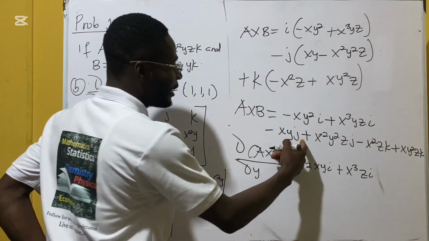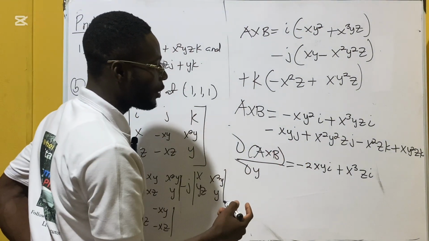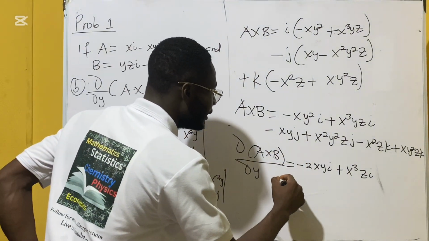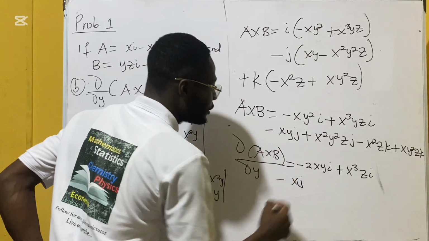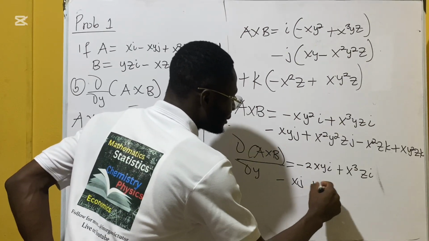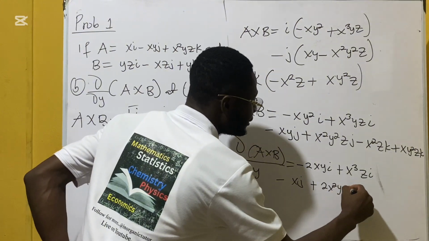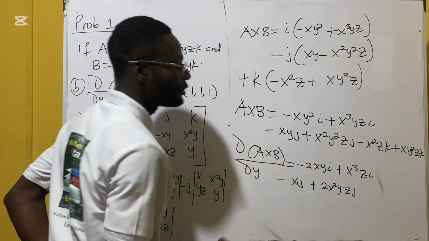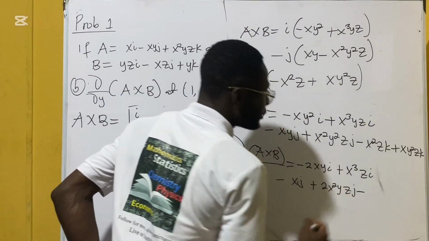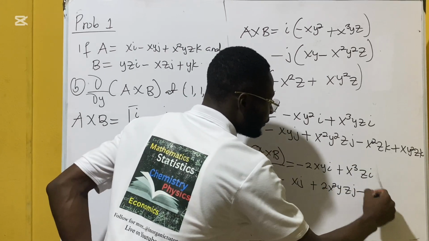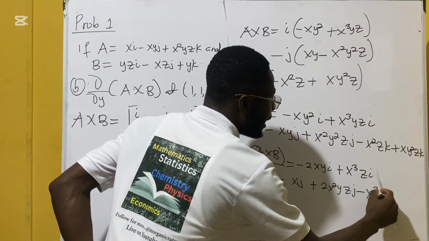Then we come here, with respect to y, we're going to have negative xj plus 2x squared yz j minus negative x squared.